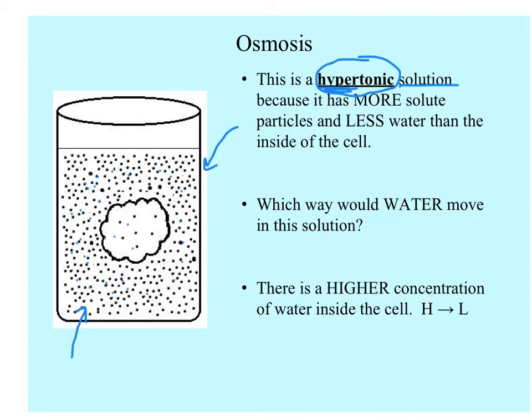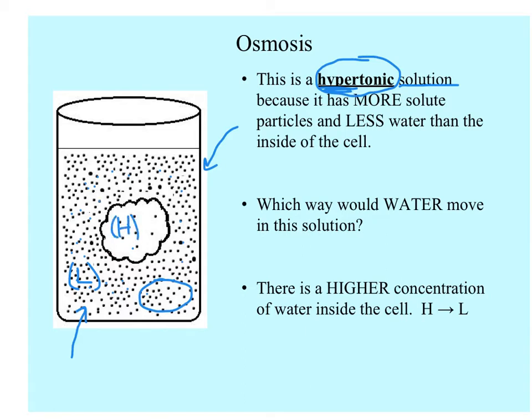Now, since there's a lot of solutes out here on the outside, there's a lot of salt. Since there's a high percentage of salt, that means there's a low percentage of water. Inside, since there's a low percentage of salt, that means there's a high percentage of water.